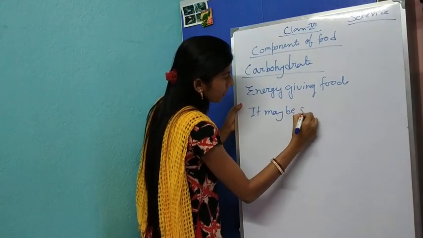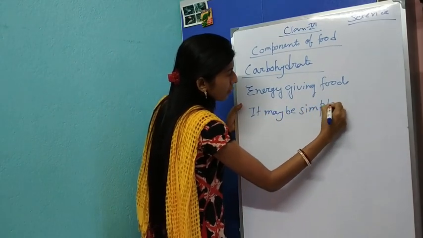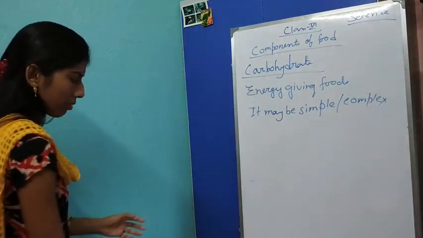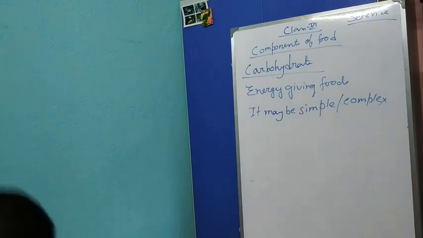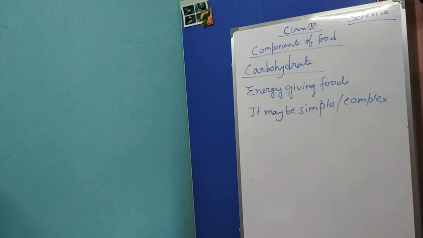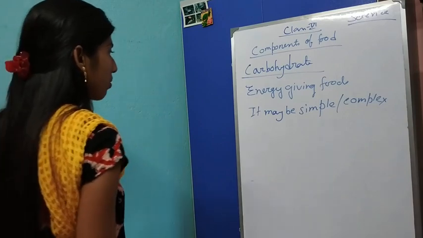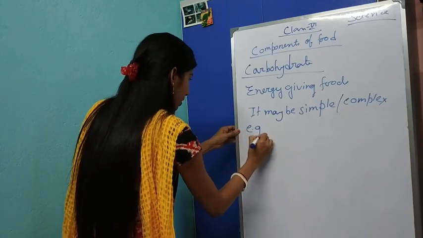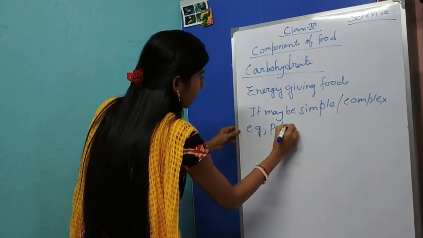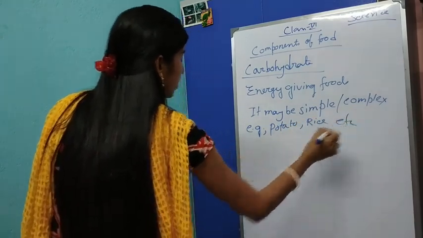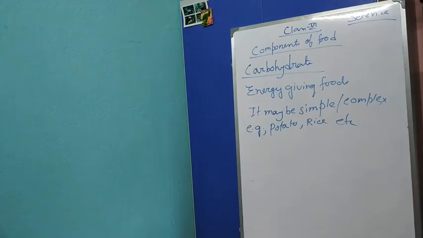If we consider the different examples of carbohydrate, what are they? Potato, rice, etc. These are the different examples of carbohydrate.